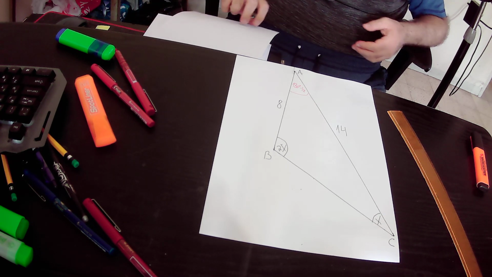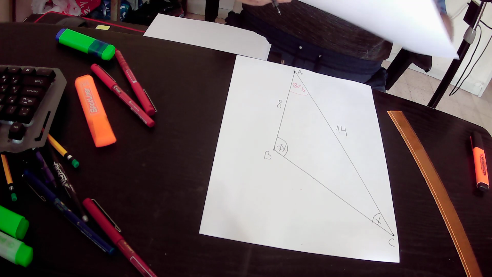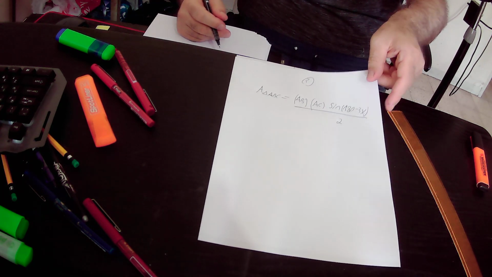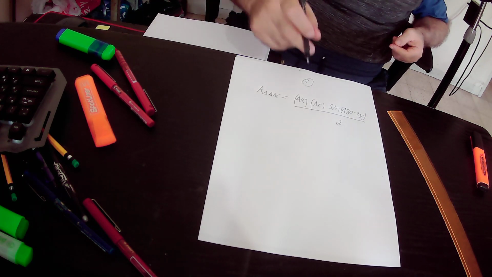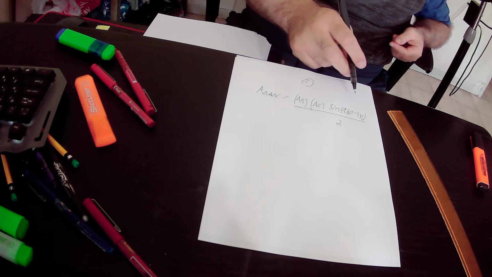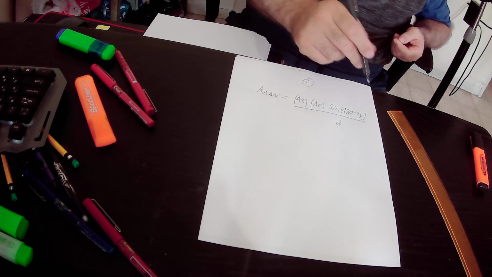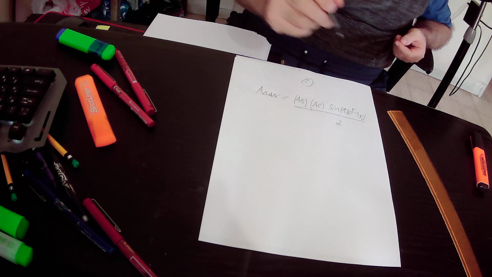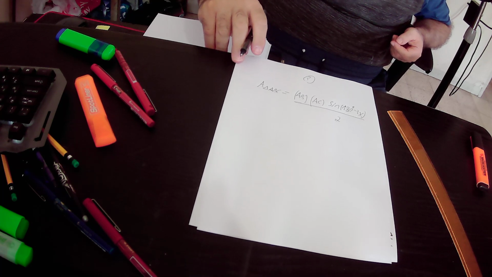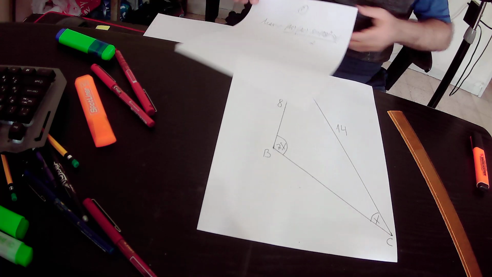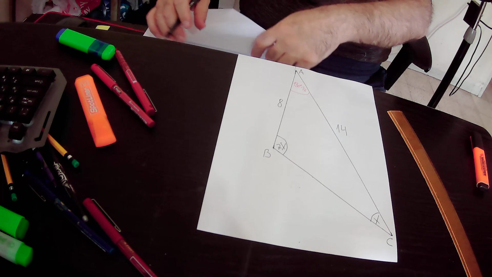So according to the new formula, the area of our triangle ABC will be equal to AB times AC times sine of 180 degrees minus 3x over 2. Okay, so what is the size of AB?